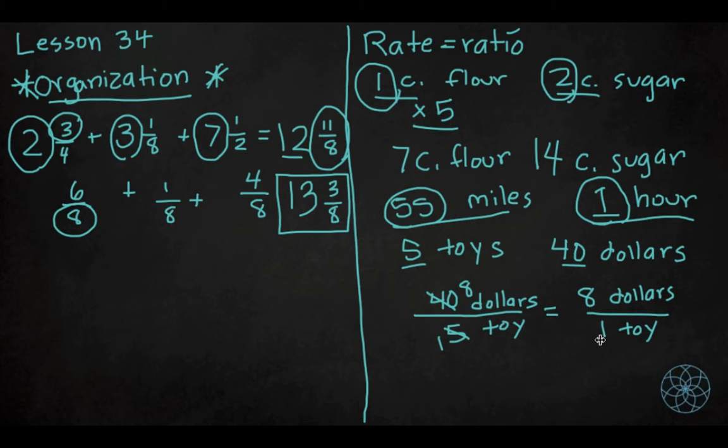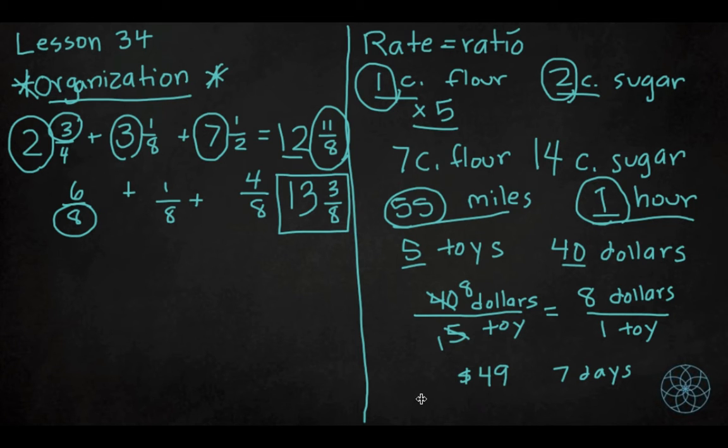So maybe you're making a budget and you're trying to figure out, let's say that you spend $49 a week and you want to know what your rate of spending is. Well, there are 7 days in a week.